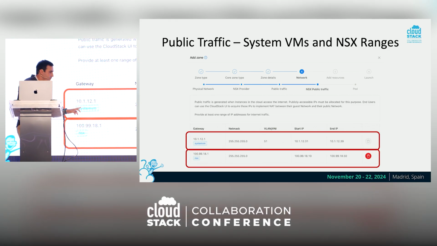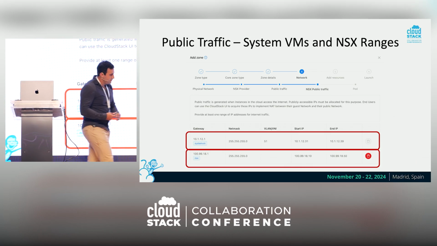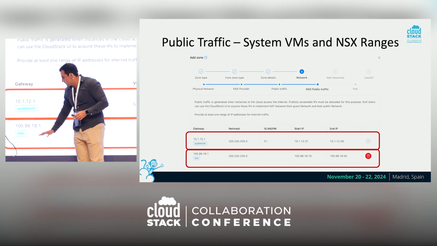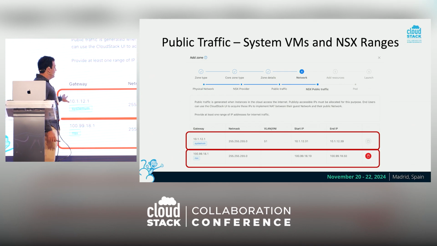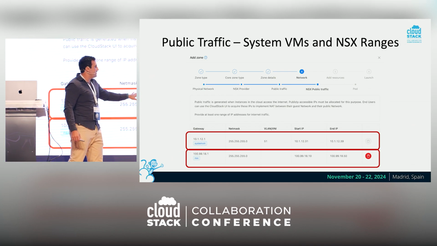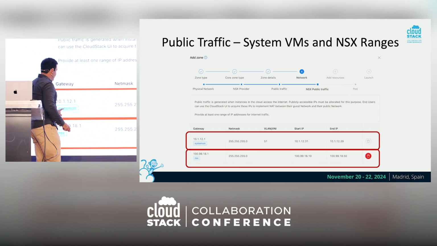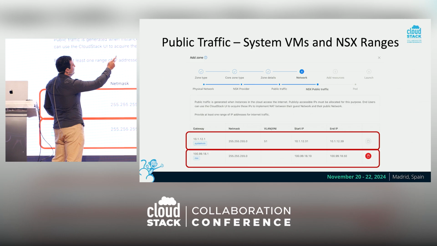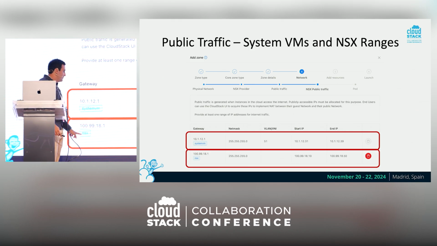I don't know if you can see here, there are different tags for the public traffic. One says system VM, and the other says NSX. So when you add the first one as a typical public IP range, then this will be tagged as system VM, as it's the first traffic, and the second one would be tagged as NSX.